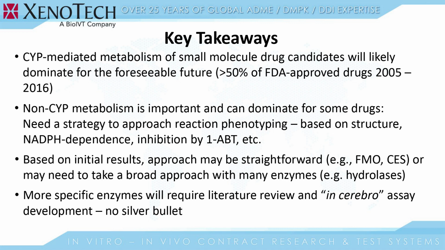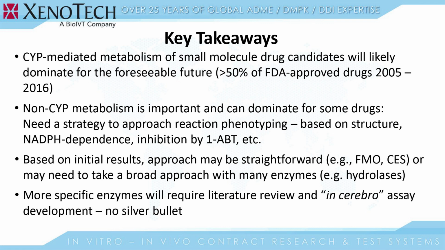Now, based on initial results, the approach taken to further elucidate the metabolic pathways of the drug in question might be very straightforward. As we saw in those flow charts, you might quickly come to the conclusion that FMOs or carboxylesterases are responsible for the metabolism, and the investigation ends there.